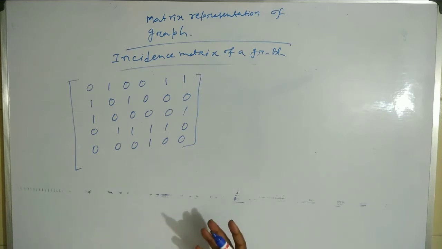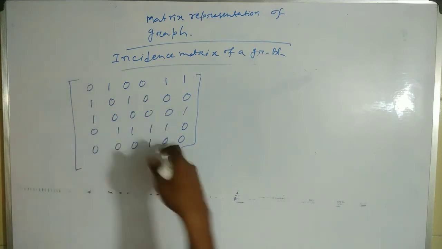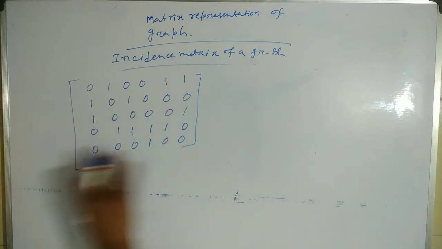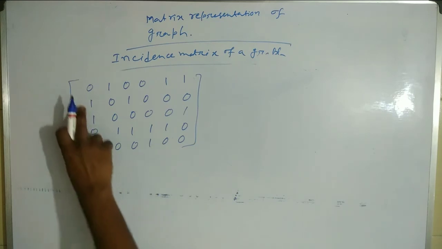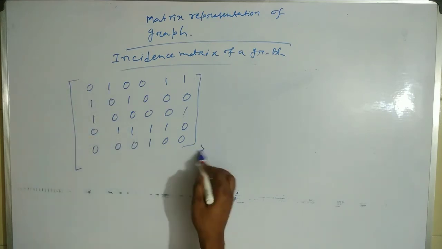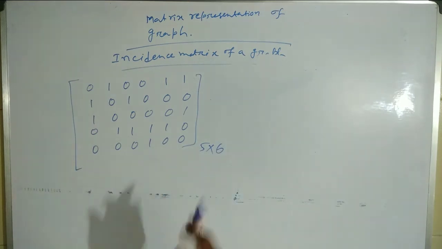Since it is stated that this is an incidence matrix, we know that the number of edges will be equal to the number of columns, and the number of rows will be equal to the number of vertices. Here the order of the matrix is 5 by 6, 5 rows and 6 columns.